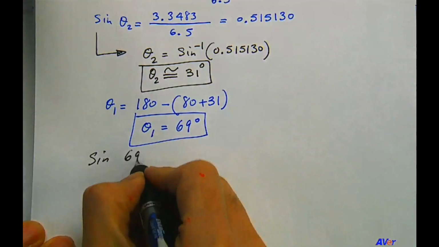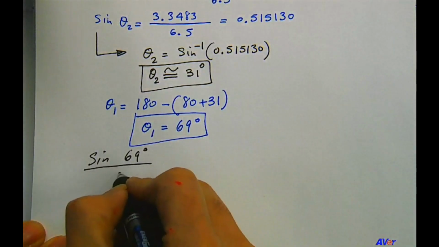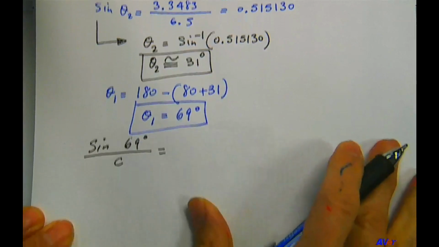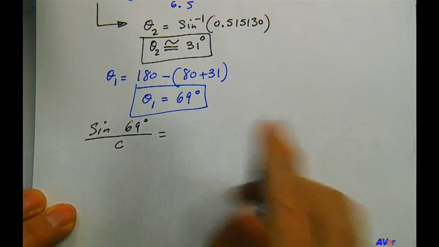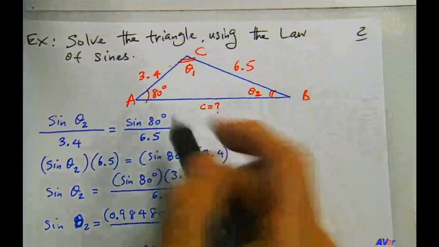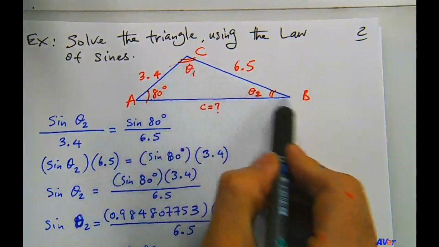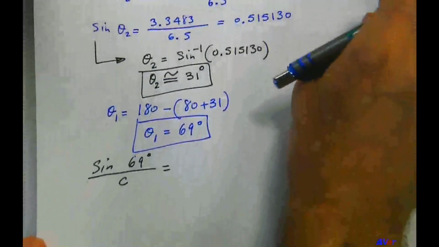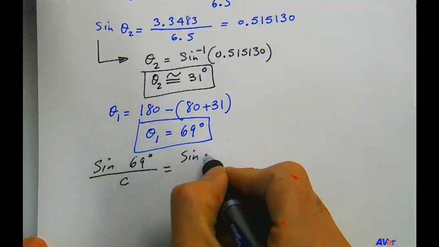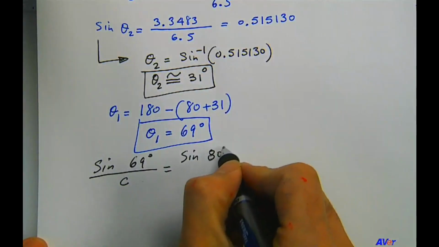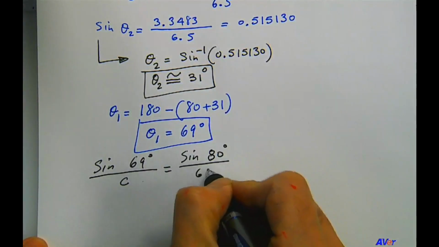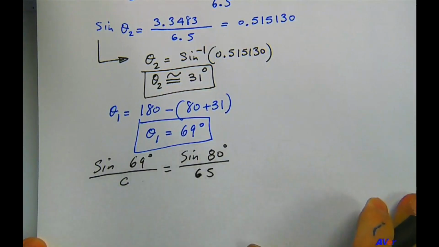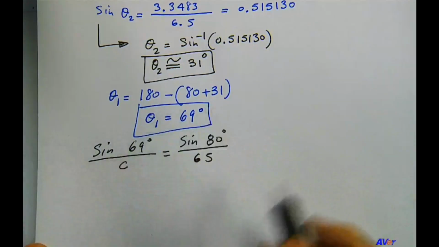So sine of 69 degrees divided by C, which is what we're looking for, equals sine of 80 divided by the length of the side opposite to it, which is 6.5. Okay, so we can cross multiply again.